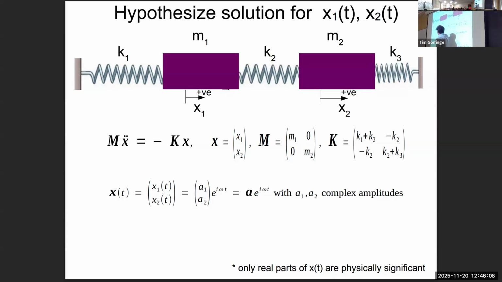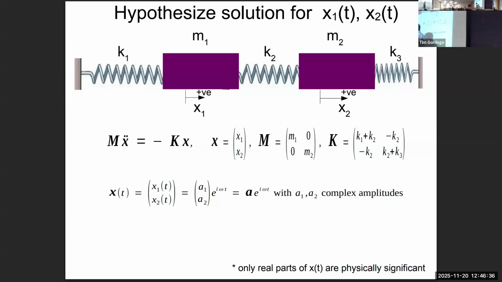Here I just reproduce the matrix form of the coupled differential equations and the definitions. There's nothing new on this line. And here is what I just said in words. I'm going to hypothesize, guess, that there's a solution to these coupled equations that is sinusoidal oscillation of the two masses with equal frequencies.